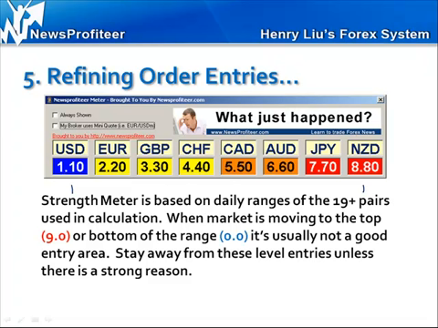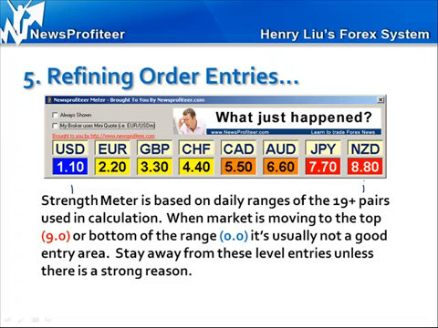Yellow is a universal sign of warning. So once it turns yellow, it means it's normal, and then orange is a higher degree of warning, and when it gets to red, it's basically disaster. So I use that to visualize the strength of the currency.